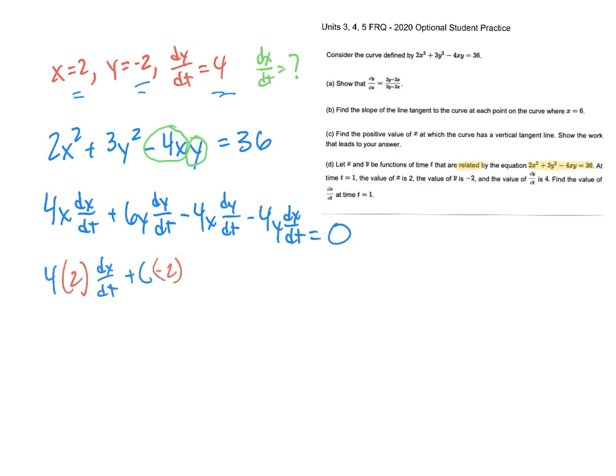That was supposed to be a 6. And we know dy dt is 4. Minus 4 times 2, and we know dy dt is 4. Minus 4 times negative 2, and we don't know dx dt.